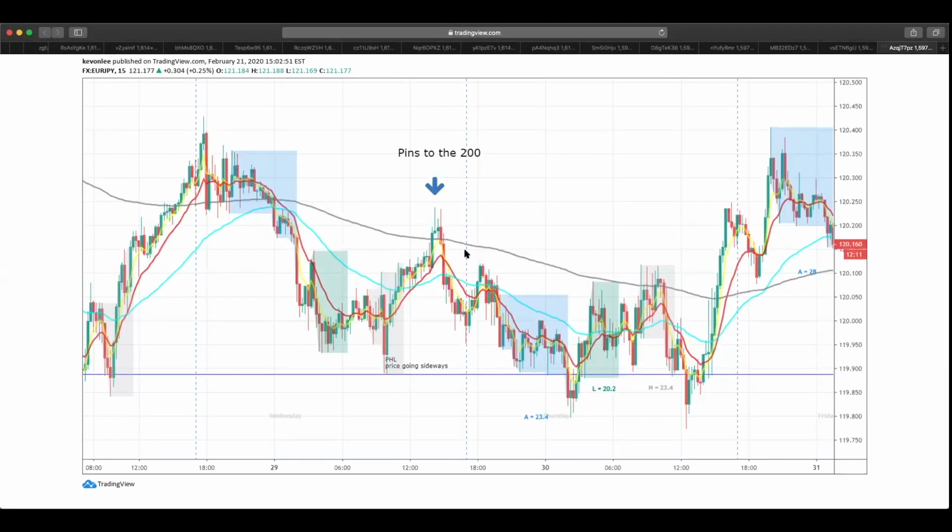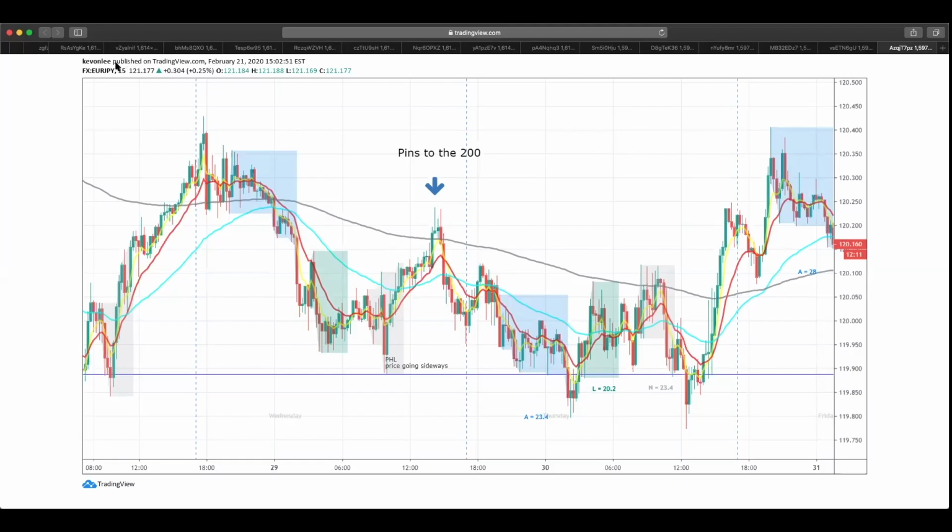How about this one here? Pins to the 200. No, I don't think so. You don't think so? Why would this not be a pins to the 200? Not a trick question, by the way. Because the candle, the body is on the 200, I think. Okay.